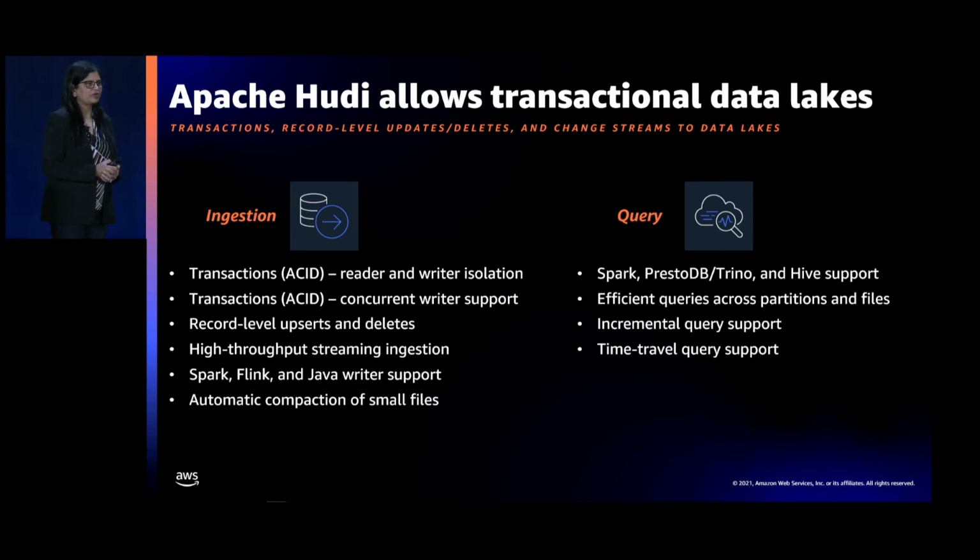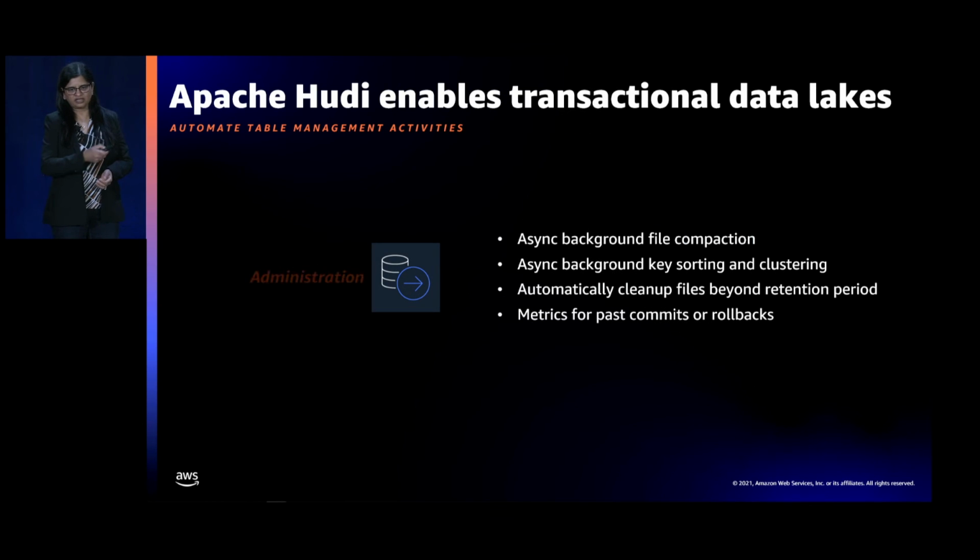It has incremental query support, which means that you can look only at the incremental changes that have occurred on your data since the last commit, and you also have the ability to do time travel with Hudi, which means that you can go back in time and look at how your data looked at some specific point in time in the life cycle of your data lake.